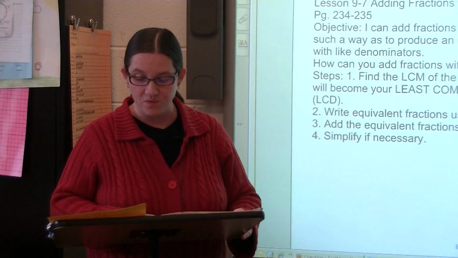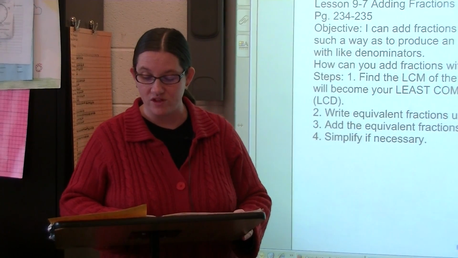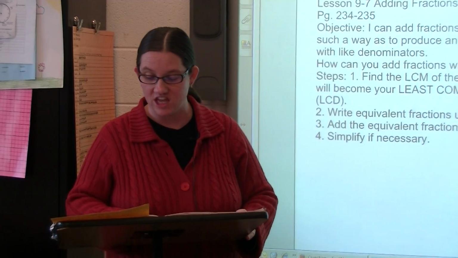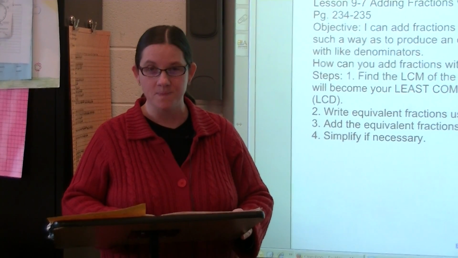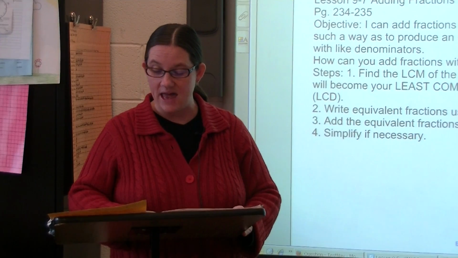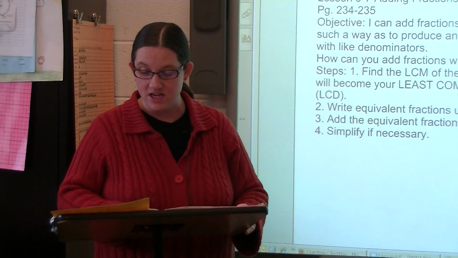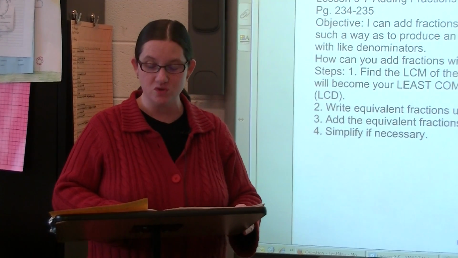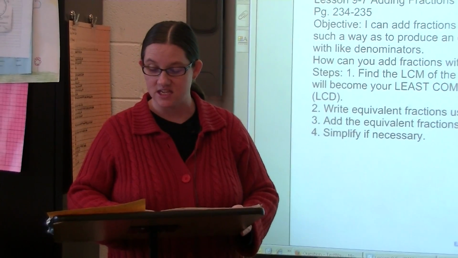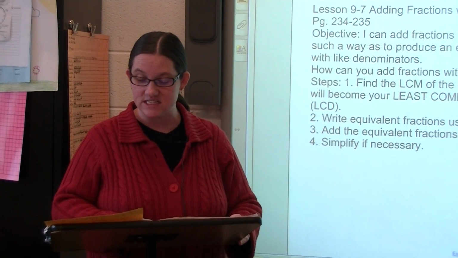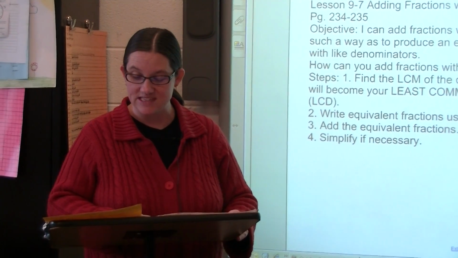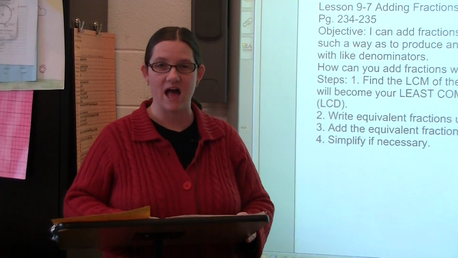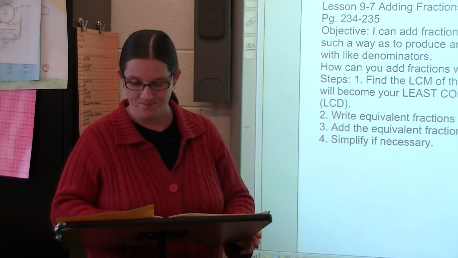Go to step 2. You will see that they wrote the equivalent fractions. They made 1/2 equal to 3/6 and 1/3 equal to 2/6. Then your step 3, add and simplify if necessary. So they did 3/6 plus 2/6 to get 5/6. Do you have to simplify 5/6? Nope, because the only common factor they have is 1. So it says Alex rode his scooter 5/6 miles.